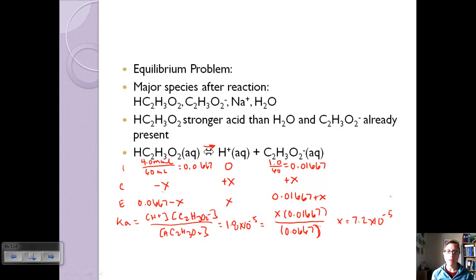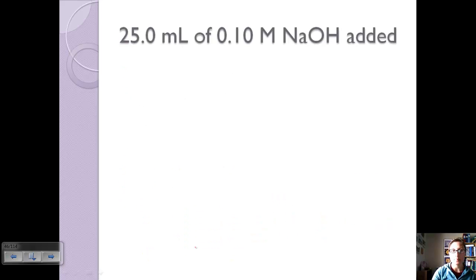This fits right into our approximations as within 5%, so this is an appropriate value for x. That means this is also equal to the H plus concentration, and so we can take the negative log of that, giving us a pH of 4.14. Okay, so very similar to a buffer problem, stoichiometry, and then your equilibrium. Okay, so we added 10 milliliters, now let's add 25 milliliters.